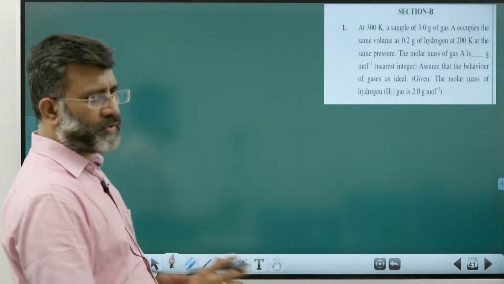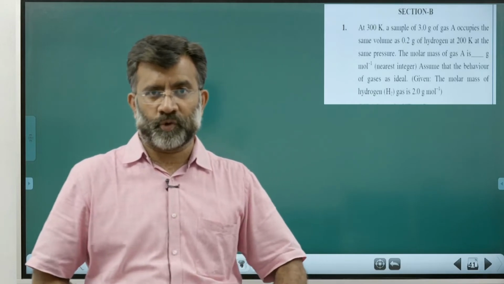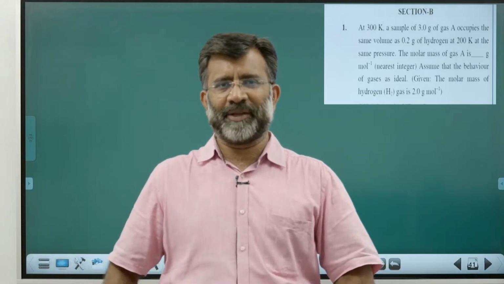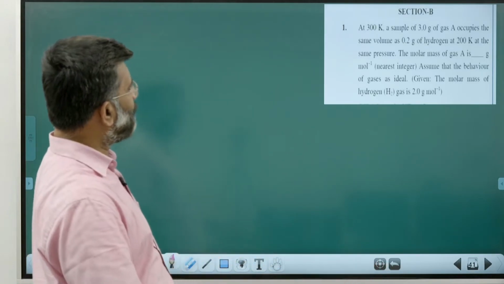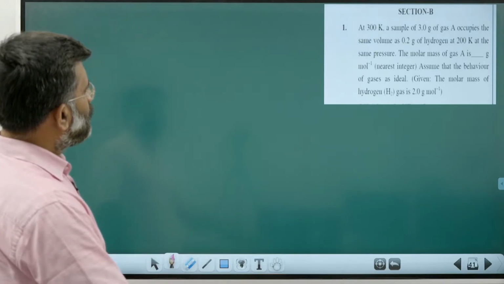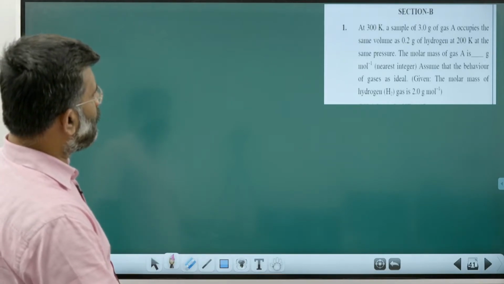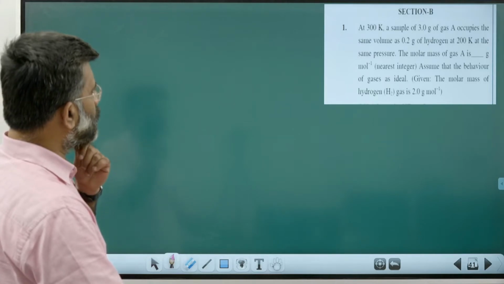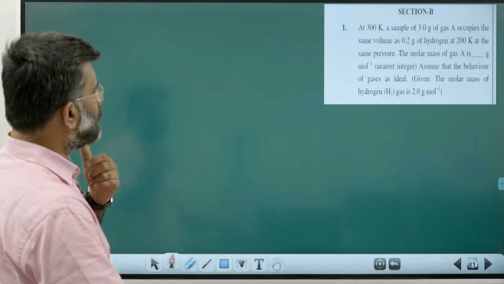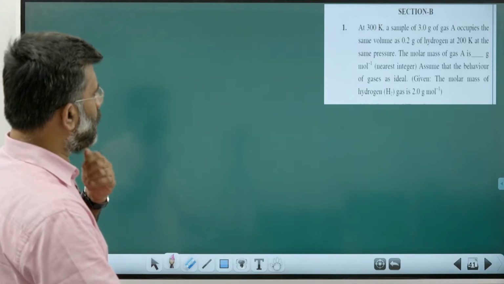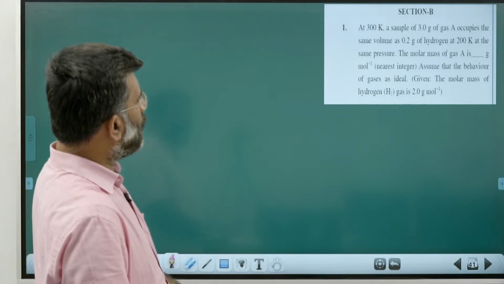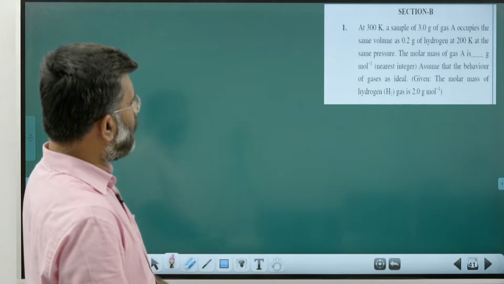That's about the section A questions. Now on to section B questions. At 300 Kelvin, 3 gram of gas A occupies the same volume as 0.2 gram of hydrogen at 200 Kelvin at the same pressure.